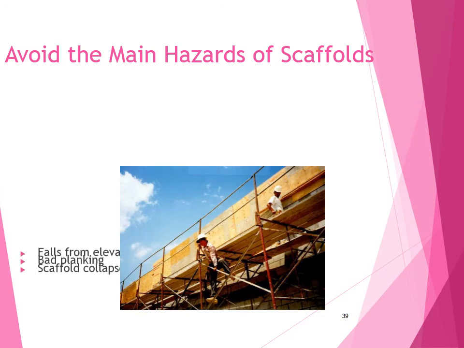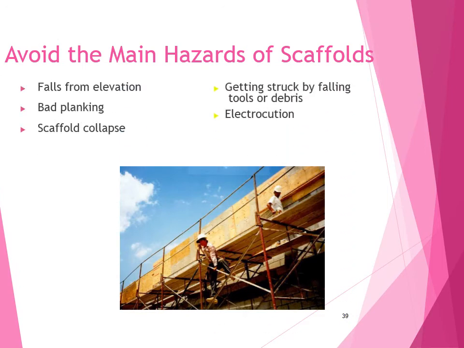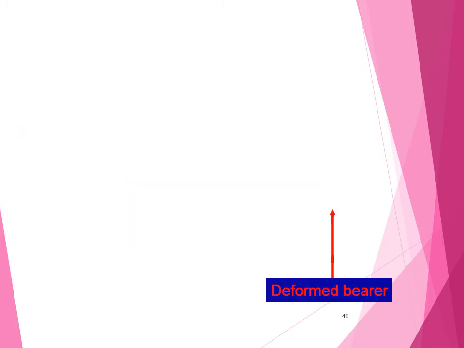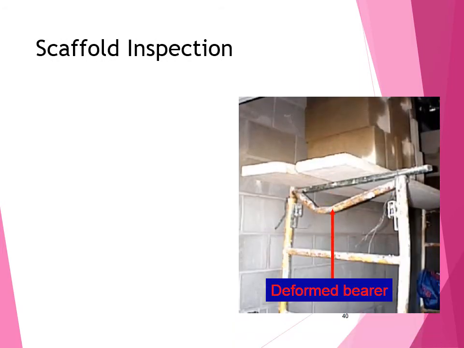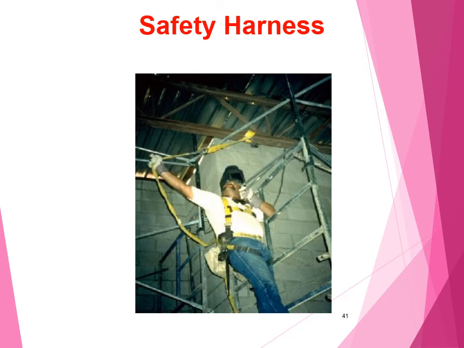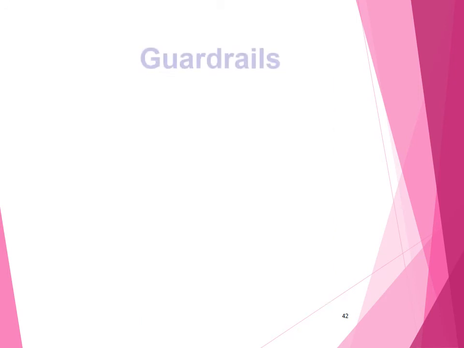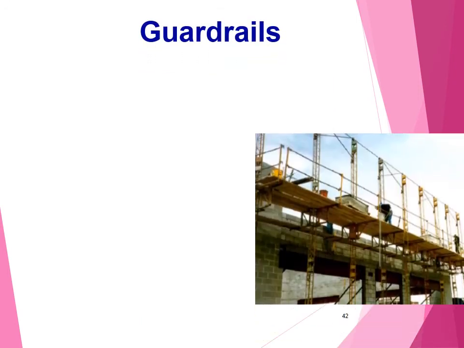Avoid the main hazards of the scaffold: falls from elevation, bad planking, scaffold collapse, electrocution, etc. Scaffold inspection. Defective parts must be immediately repaired. Safety nets, that is the safety nets. Guardrails.